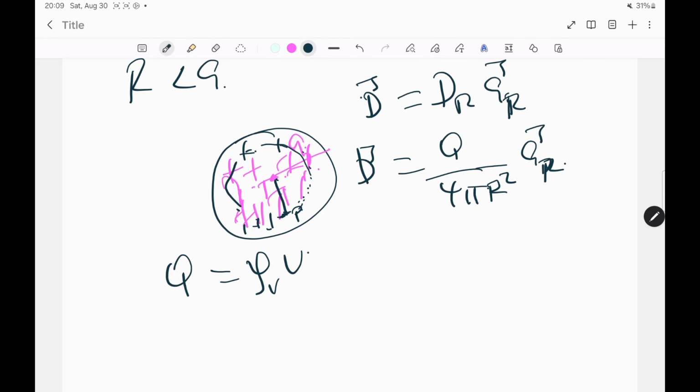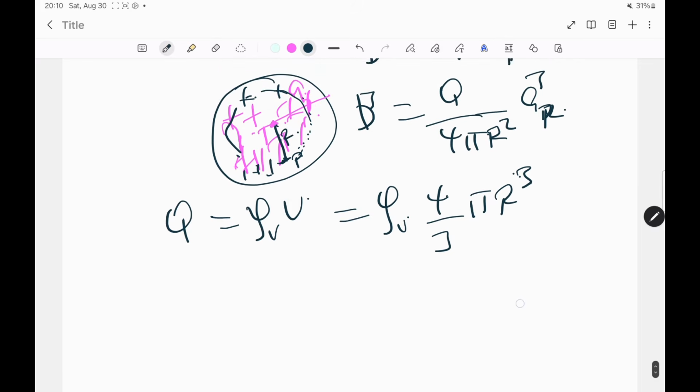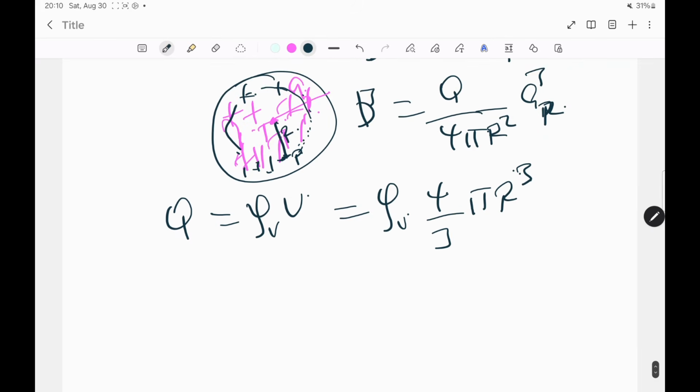So if my P is inside the sphere, the volume here is going to be equal to 4 over 3 pi r cube. That means it's going to take the volume of what? My Gaussian surface R. That's the one that I'm going to use. And here everything is still maintained.